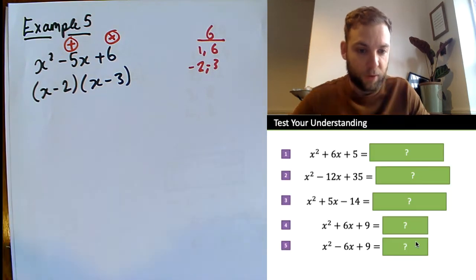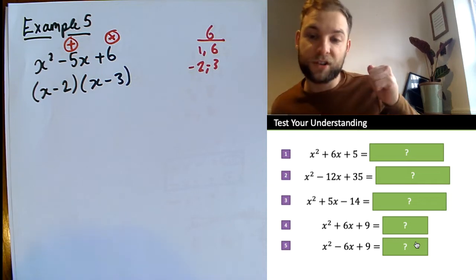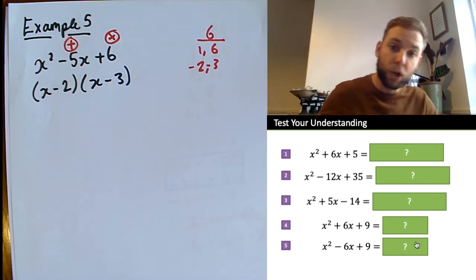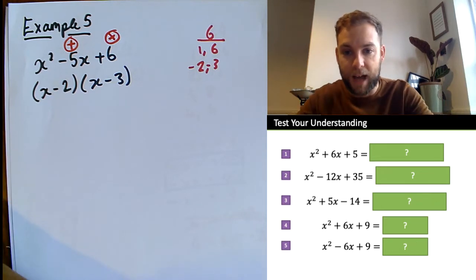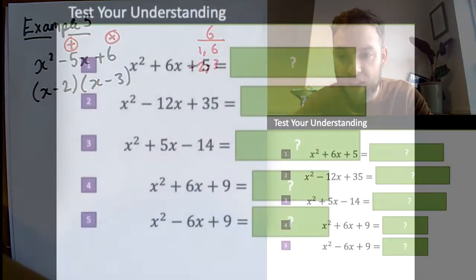So, here are 5 questions. Pause now just to have a little go at these. I am going to go through these ones. There's going to be more questions in a second. But pause now and have a go at those just so you can check that you understand them.